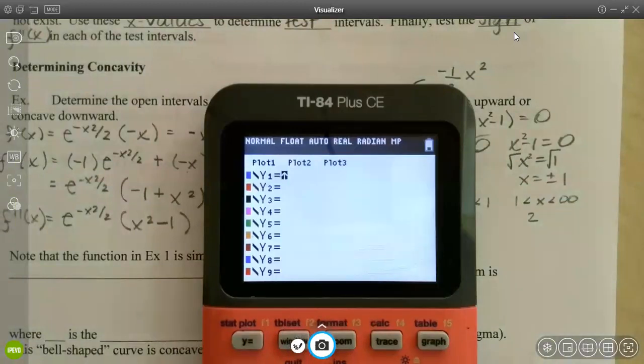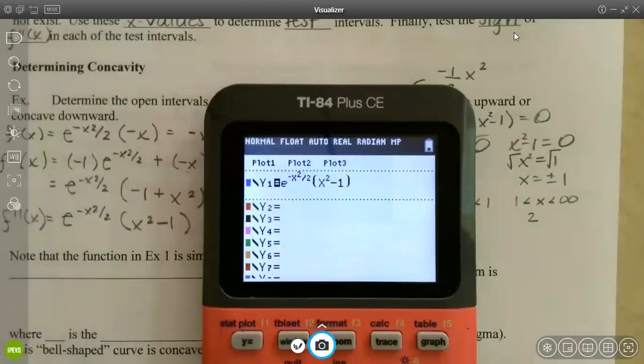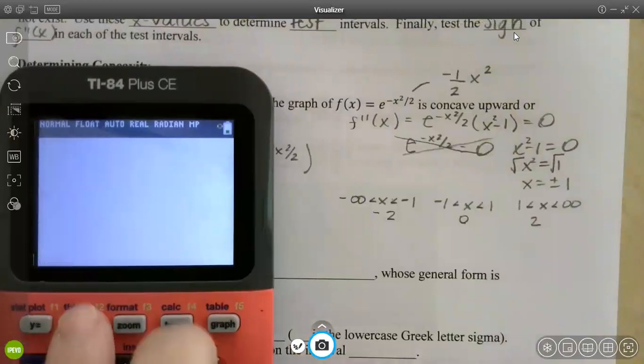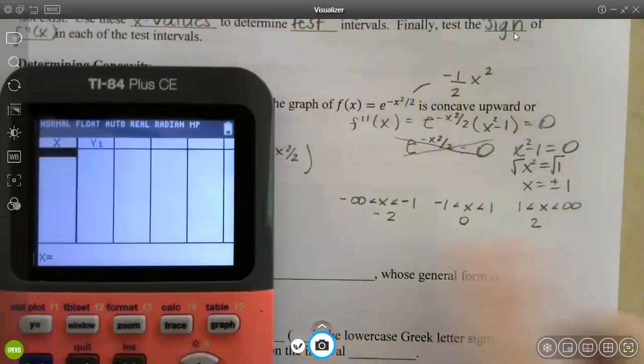I'll move my calculator in a minute so you guys can. Tell me if I put it in wrong. This calculator's sticking badly. And then I've changed all my stuff, so I'm going to go back to my table set and make it ask. So I'm only looking at the ones that I want.